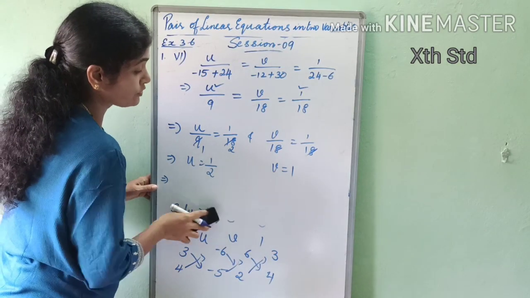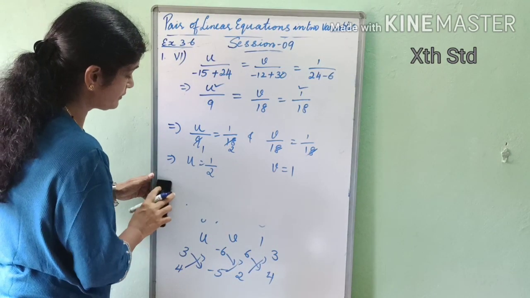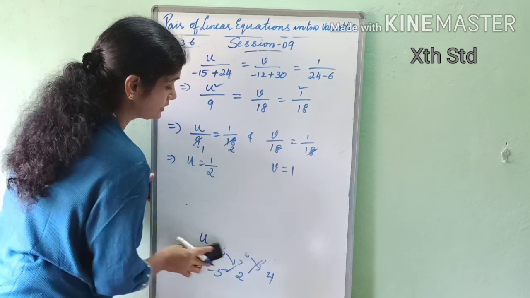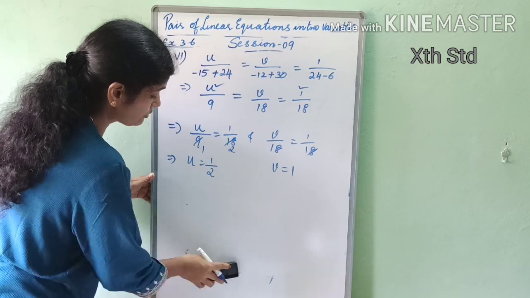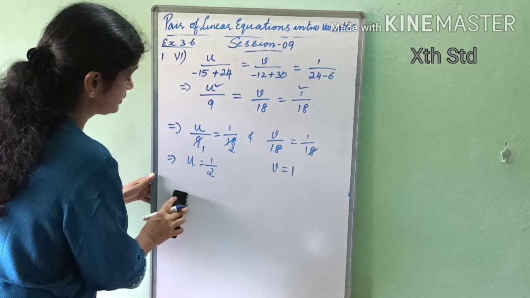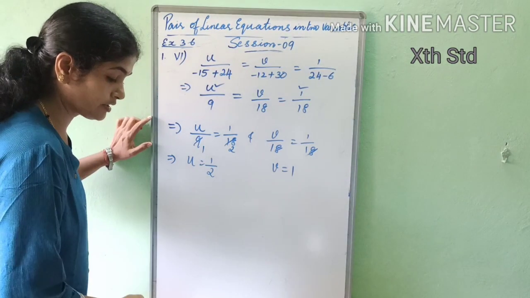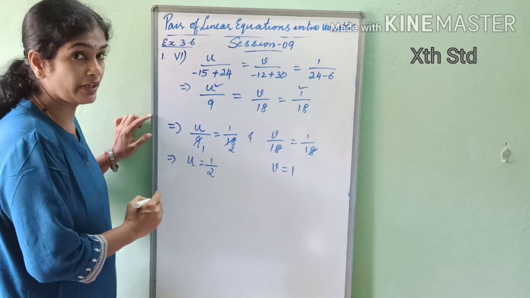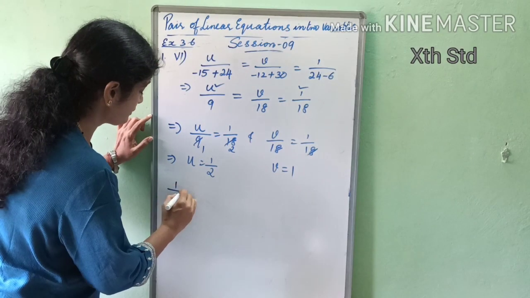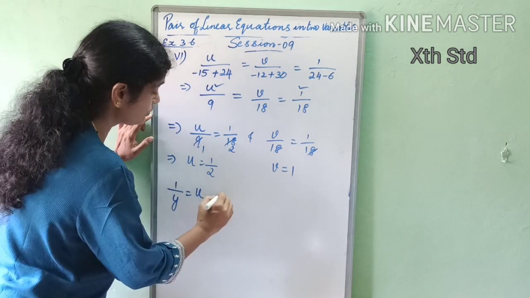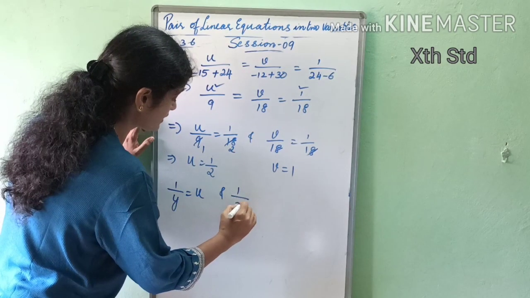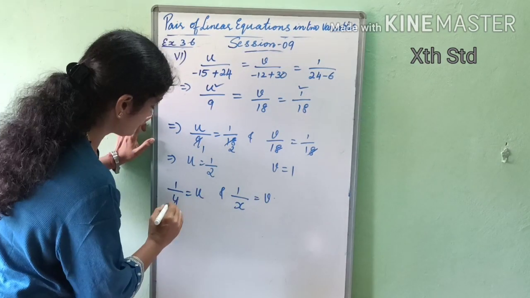Now earlier, what substitution have we done for u and v? We have taken 1 by y as u, right? And 1 by x is v, right?